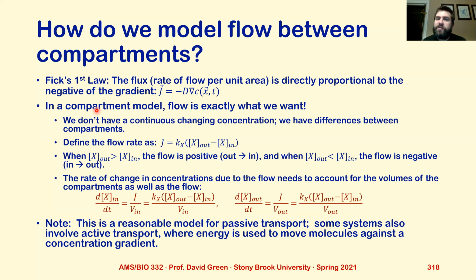Now, we don't have a continuous gradient in the mathematical sense or the calculus sense of a vector of partial derivatives, because we don't have a continuously changing concentration. We have one compartment that has a concentration and another compartment that has a different concentration, and there's not a continuous variation between them.